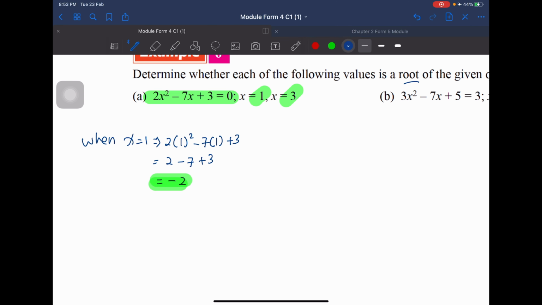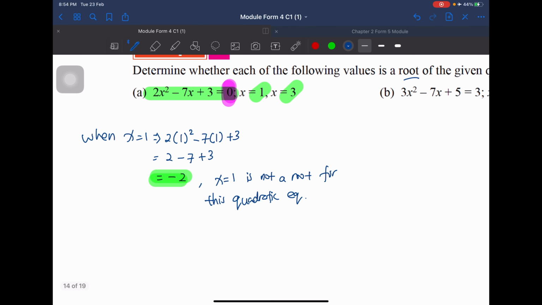But over here, it mentioned that your values must be equals to 0. So if this is not equals to 0, so it means that x equals to 1 is not a root for this quadratic equation.